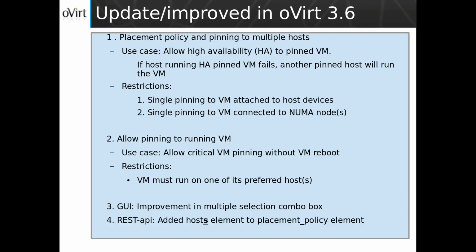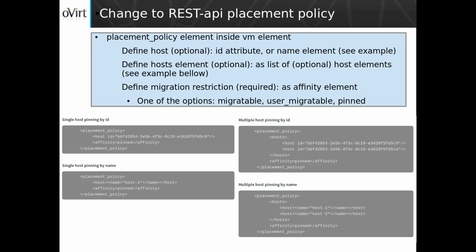Now I will detail the improvement in the REST API. When posting or putting an HTTP request for a VM, there is a placement policy element included inside the VM element used for defining placement and migration policy. The placement policy element has an optional single host element for single dedicated host, or an optional hosts list element containing optional few host elements.